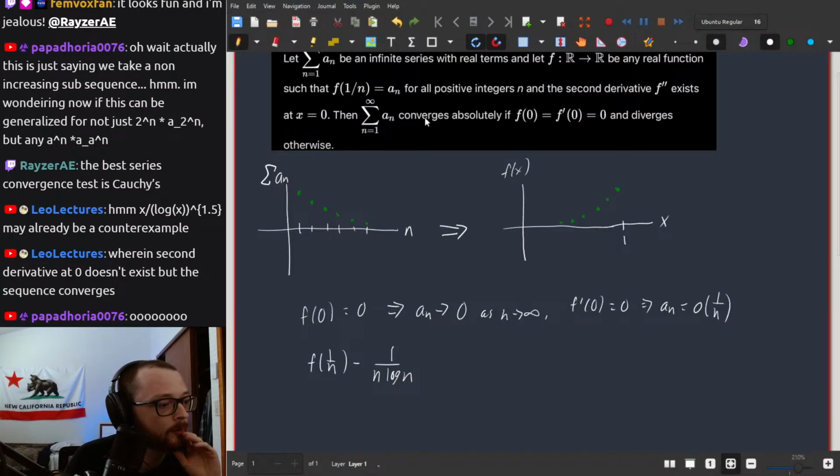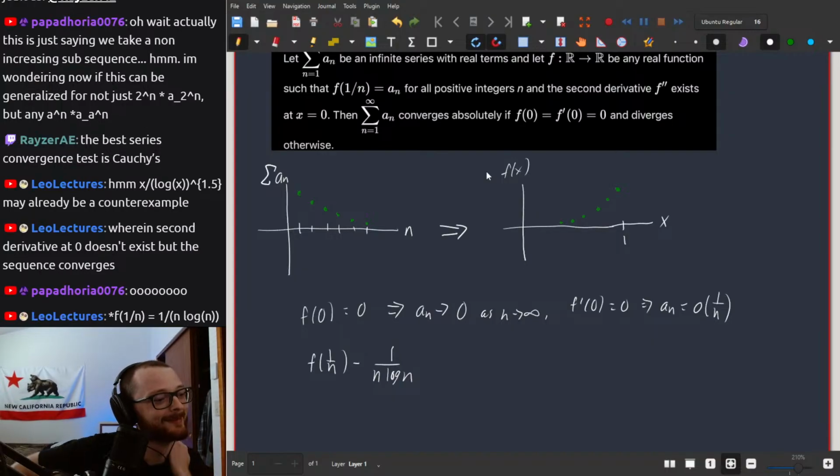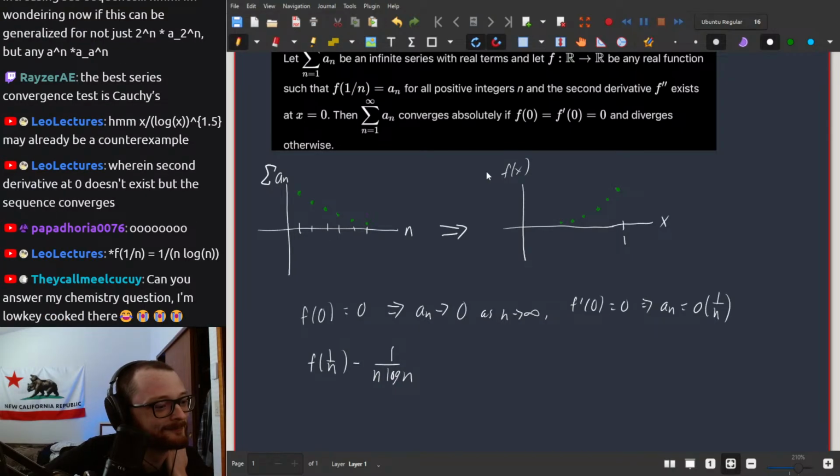Do non-increasing subsequence. Ooh, yeah, maybe you could Papadoria for generalizing it to other subsequences. The best series convergence test is Cauchy's.